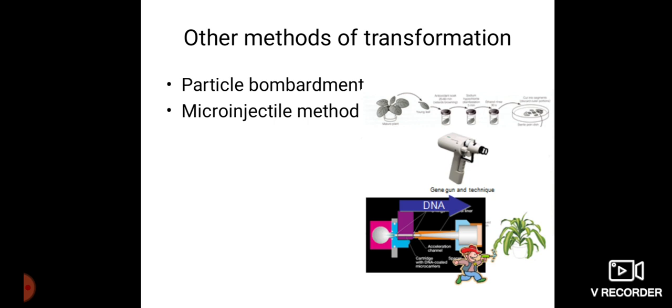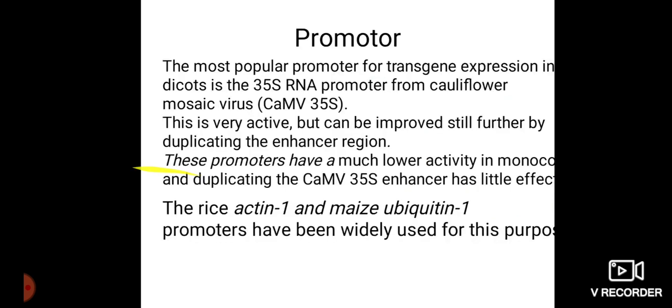Those bombarded tissues are further allowed to multiply and are selected for the presence of the marker and reporter genes, and then they can be amplified and developed into a plantlet. So these are a few things about how exactly transformation is achieved in plants.